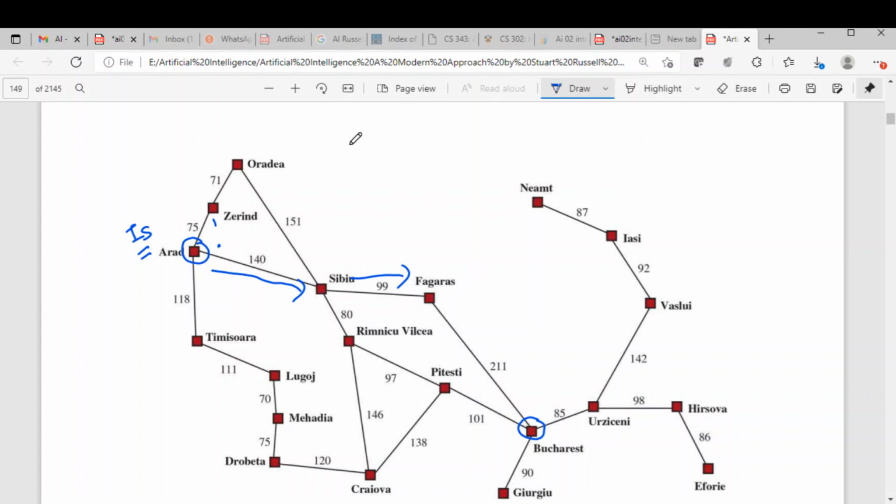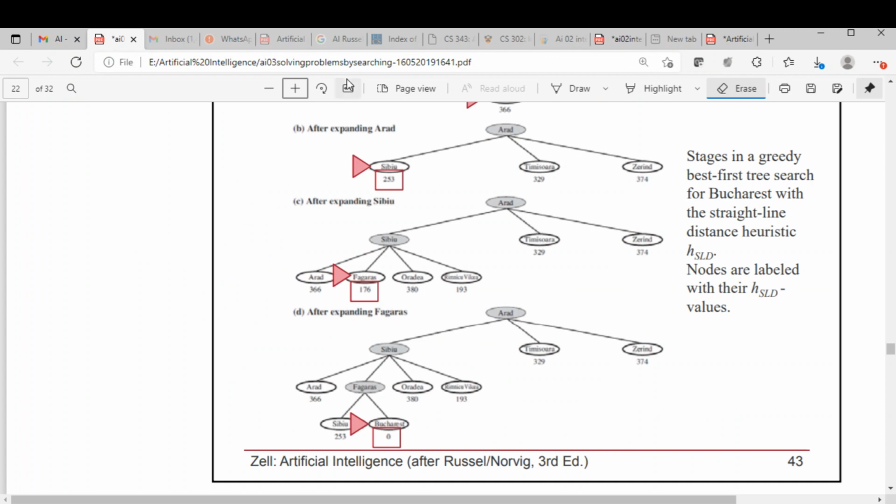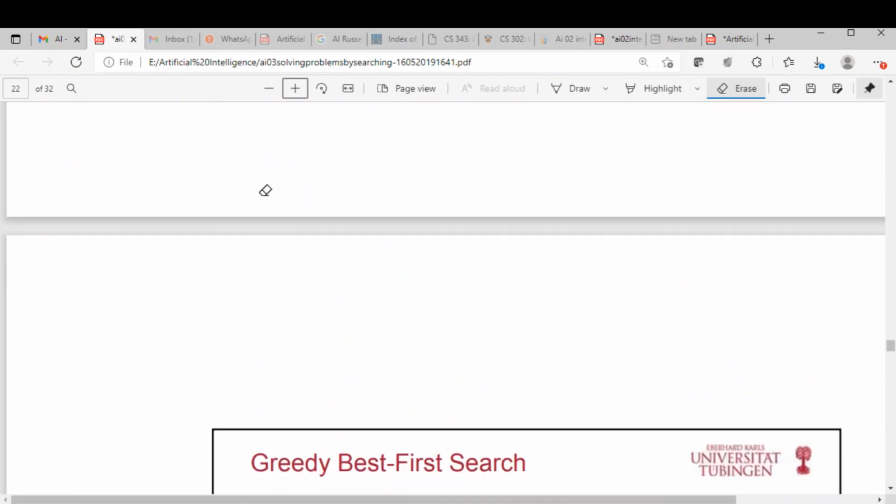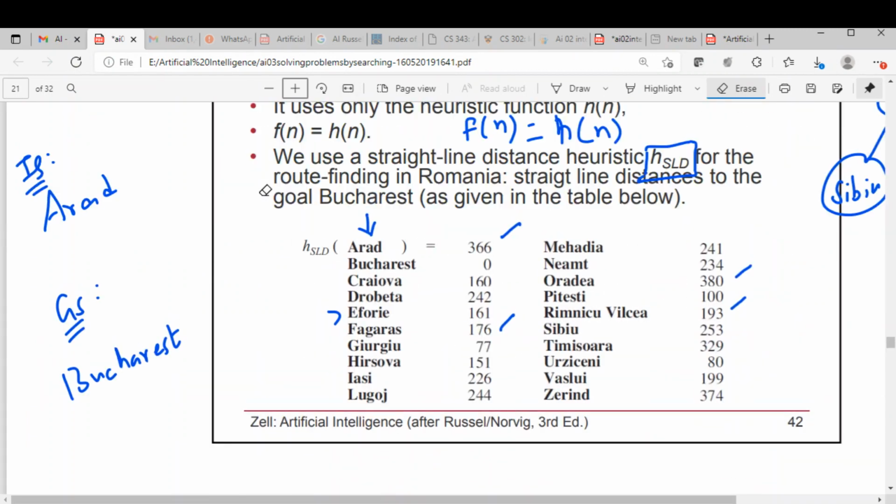It checks what's the cost of reaching Bucharest from CPU, and what's the cost of reaching Bucharest from Bucharest. That's what it will check.